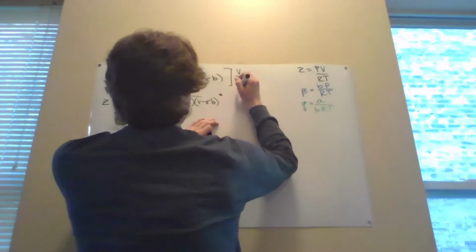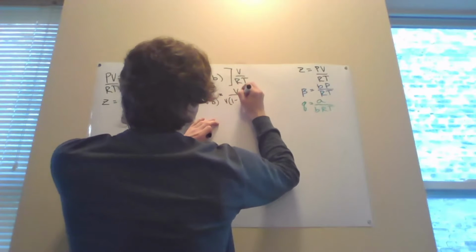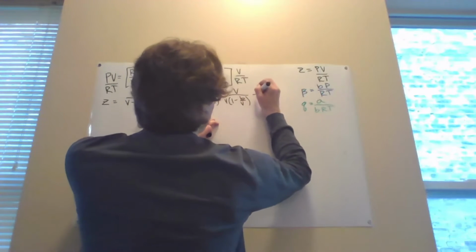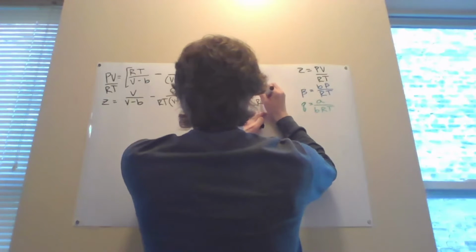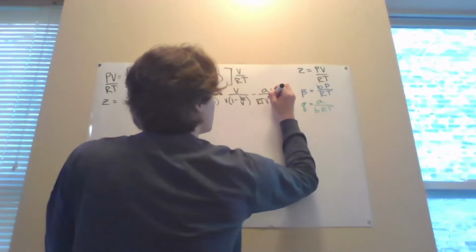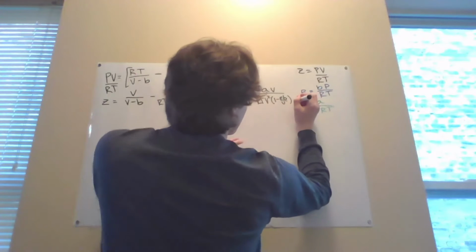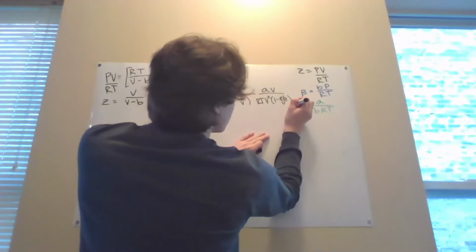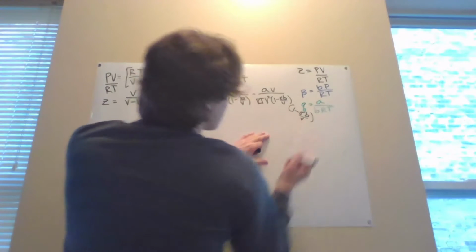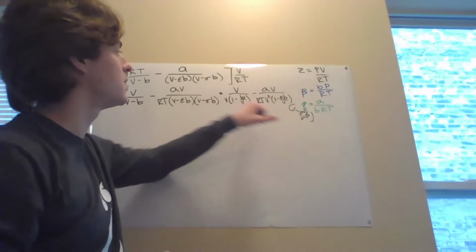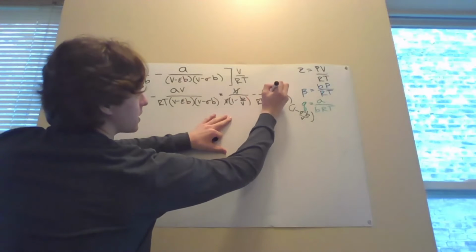So this is equal to V over V times the quantity of 1 minus b over V, minus a times V over RT V squared times 1 minus epsilon b over V times, I'll just write it over here, 1 minus sigma b over V. So I just pulled out a V from both of these, because then it'll cancel here and here, and then one of the ones in the denominator will cancel here and here.